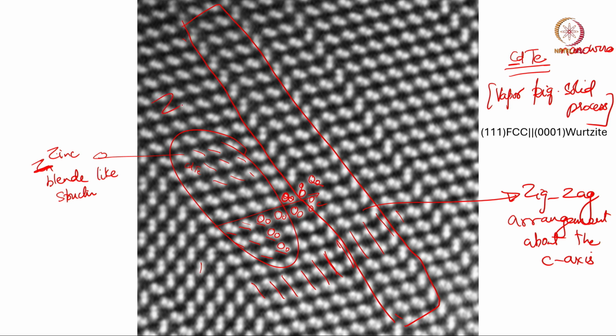So, this is zinc blende structure, this is Wurtzite structure, but there is nothing to say that I have any dangling bonds at the surface or whatever. They are nicely sitting on top of each other, so both of them coexist beautifully in one material, right.